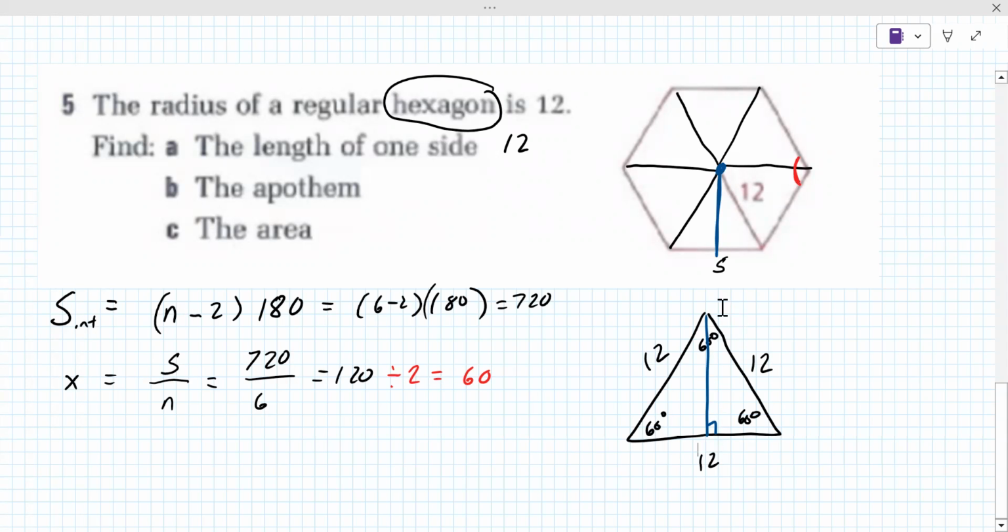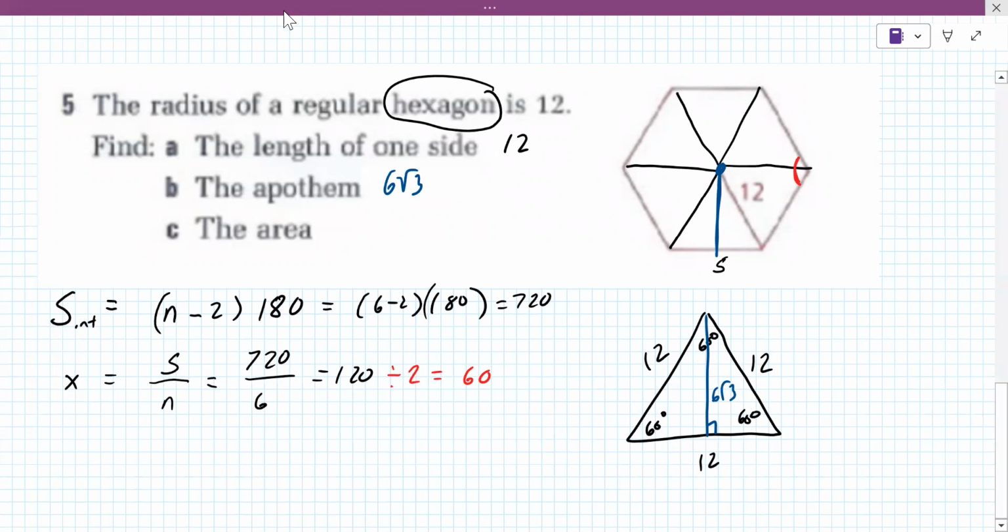Yes. Okay, I got 6√3. Perfect. Yes, it's 6√3, and that's the apothem.